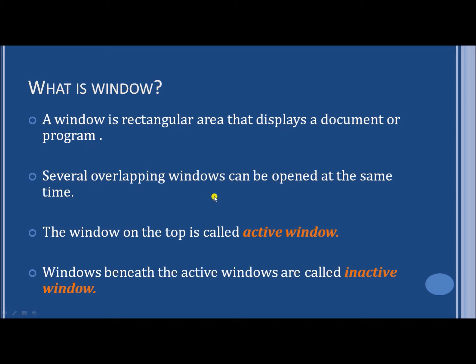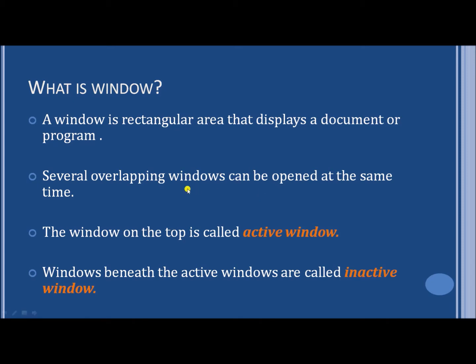Several overlapping windows can be opened at the same time. That means we can open multiple windows at the same time. You can open, let's say, file A, file B, file C, drive D, and inside drive D a few folders and files at the same time. All those windows will be opened, but they will overlap each other.